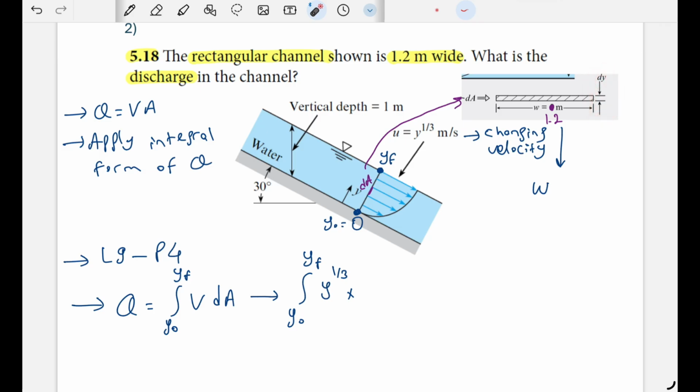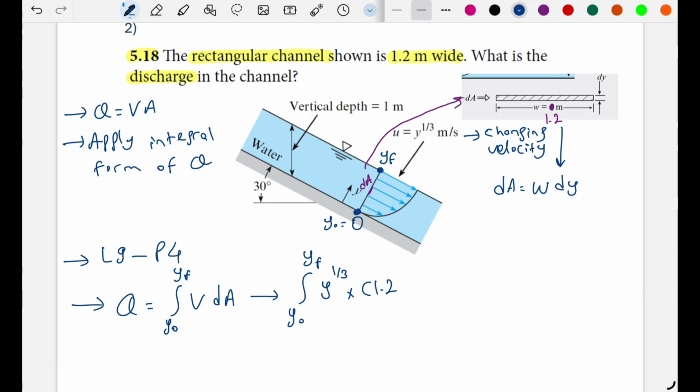Since it is infinitesimal, we use this term to refer to this height. So the area, dA, will be, sorry, w times dy. So width is 1.2, so we have 1.2 dy.